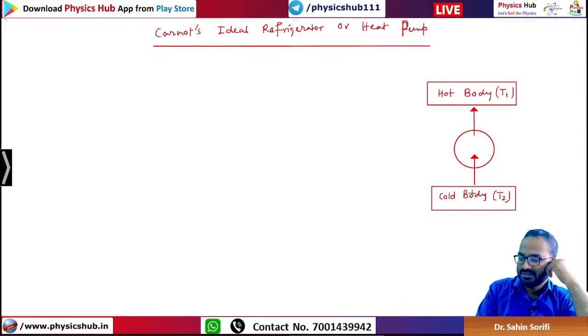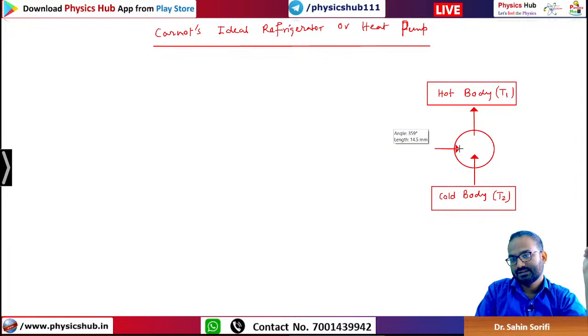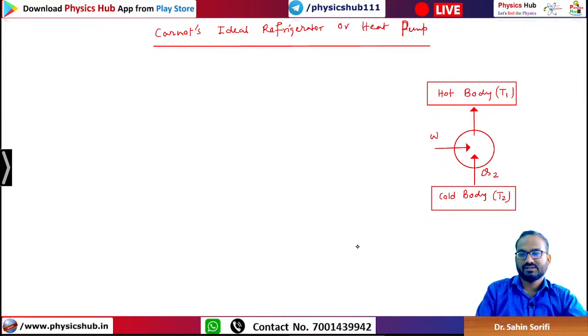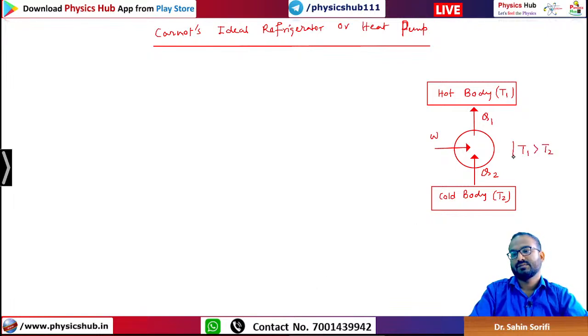We cannot transfer heat from cold body to hot body without the expenditure of work. So we have to use some work. Let's say you want to extract Q2 amount of heat and produce Q1 amount of heat. And remember, hot body is always at a temperature greater than the cold body temperature.